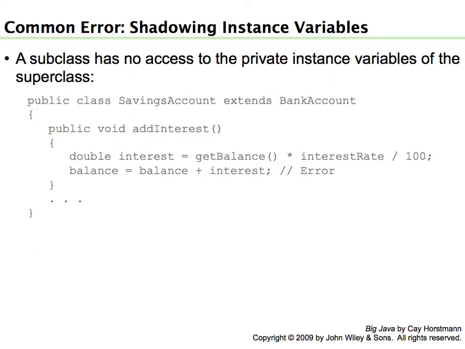These two slides talk about a common error. If the bank account class has a variable called balance and has a method called getBalance, the common practice is you always make the variables private and you provide accessor methods, a set method and a get method.